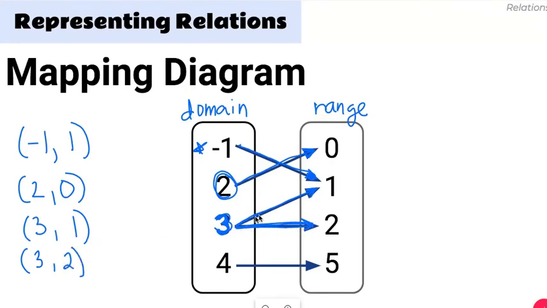So because I have 2 arrows coming off of the 3, that means I have 2 ordered pairs that begin with 3. And finally, 4 maps to 5. So this is more of a visual, like pairing things up. We have our domains on one side, our ranges on the other, and then some arrows telling us what matches with what.